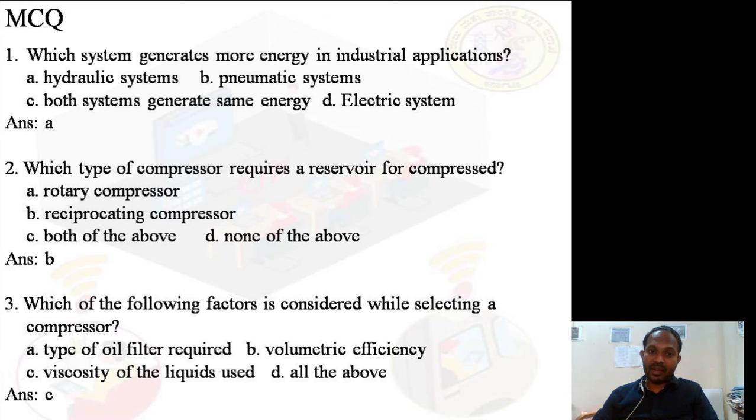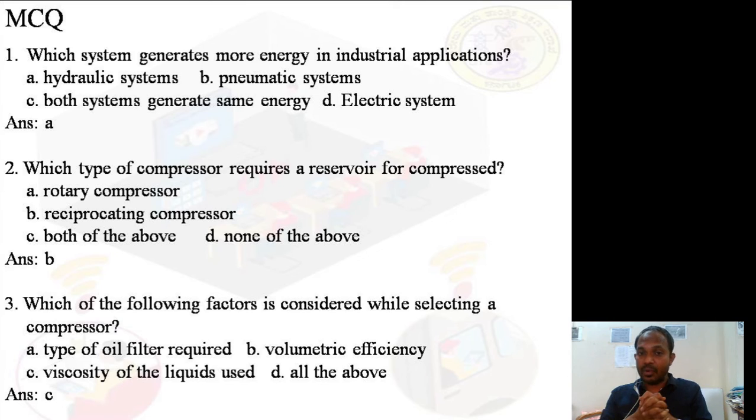The options are hydraulic systems, pneumatic systems, both systems generate the same, and electric systems. Both systems do not generate the same thing. So the hydraulic system, option A, generates more energy in industrial applications.